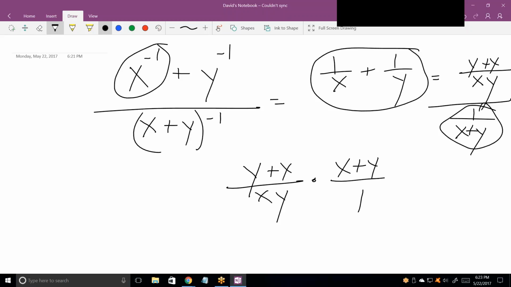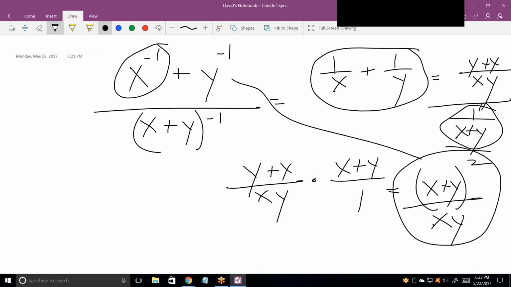But it's not, so the answer is x plus y squared over xy. That equals that.